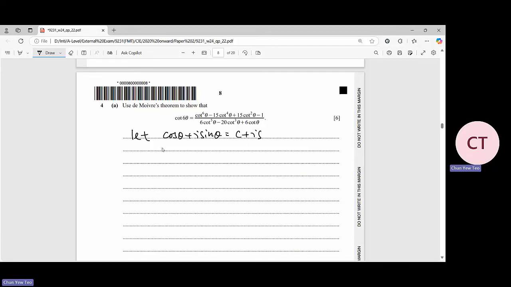Then in order to get power 6 or 6 theta, we need to expand them by the power 6. Okay, like this. Then my left hand side, I apply the De Moivre theorem.